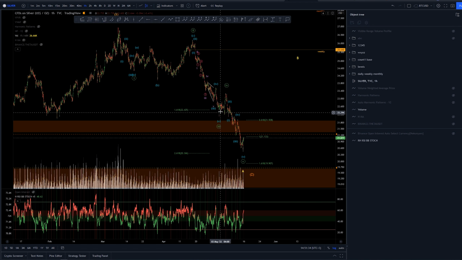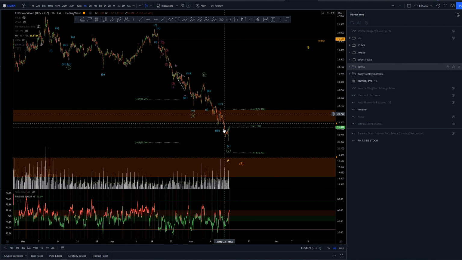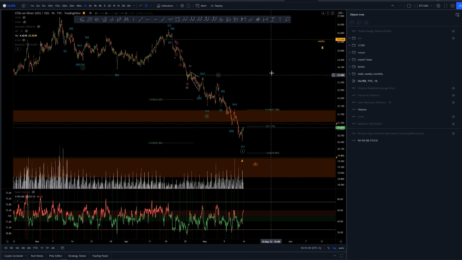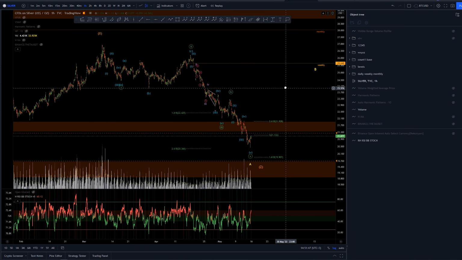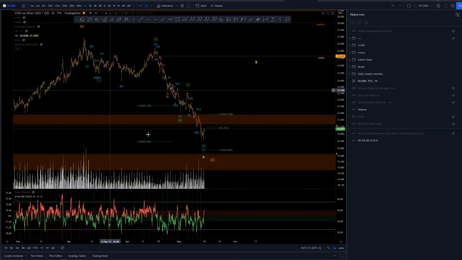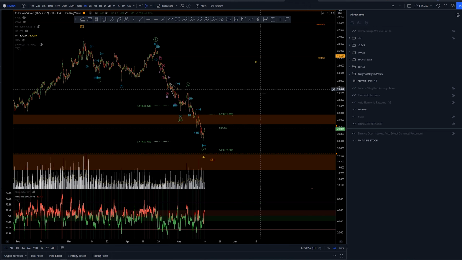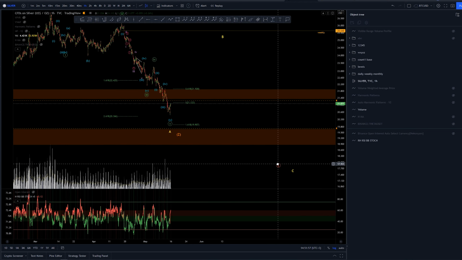Wave 4 is some kind of flat pattern, and then we have a 5-wave structure coming down into the current lows that we had for a possible A wave. And if we have this marked as 1, 2, 3, 4, 5, then we have this B wave to come and then a C wave to take us lower.